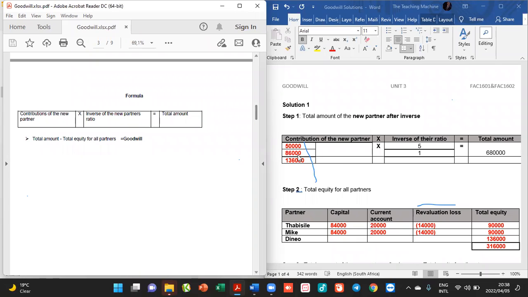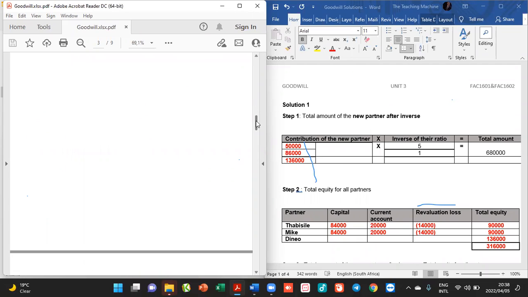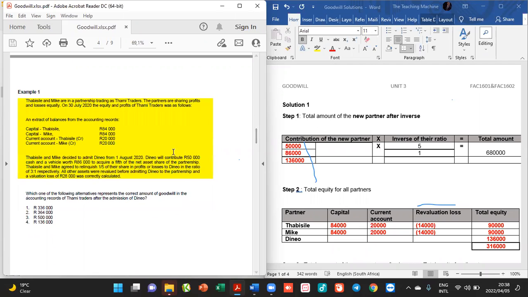All right. So this is what we did on example number 1. We're given information of Tabisile and Mike. They admitted Dineo, who will contribute 50,000 and 86,000 to acquire a fifth. A fifth means 1/5. So in step one, we calculated the total amount of the new partner after investment.